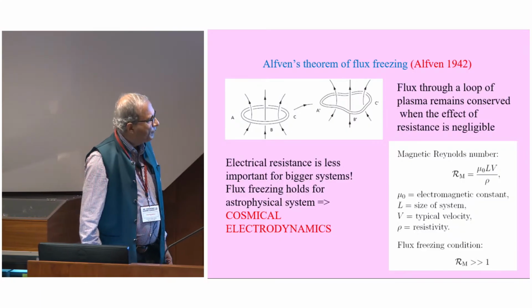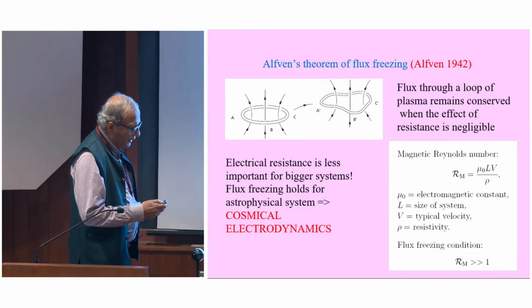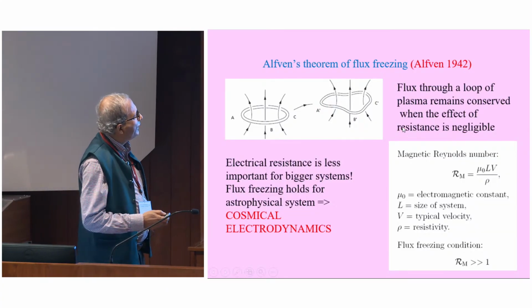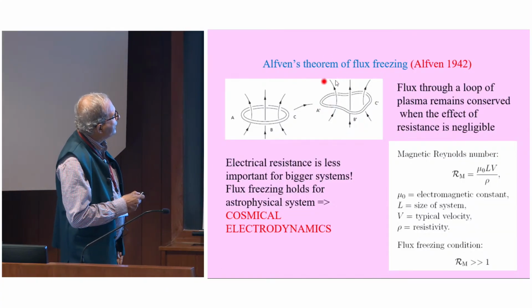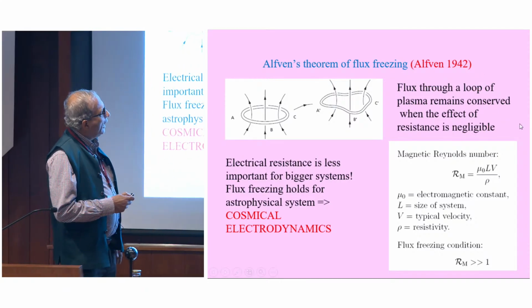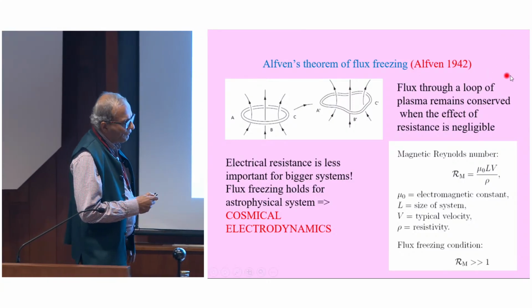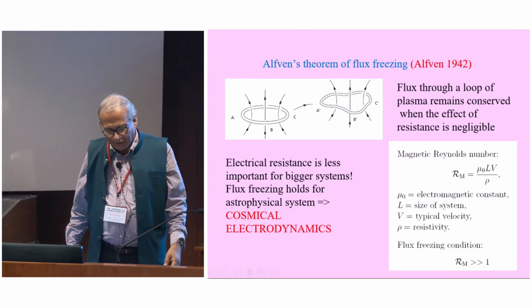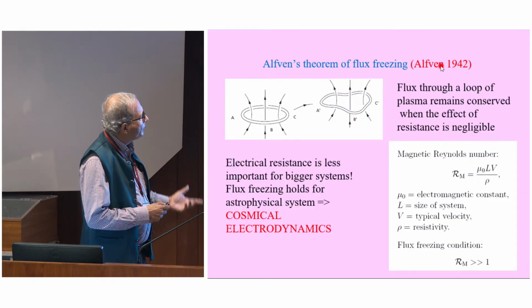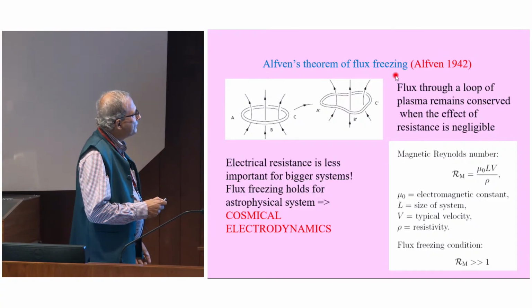Right now, let me only mention one very famous result of MHD, which is applied very widely in astrophysics. It is Alfvén's theorem of flux freezing. Alfvén was a pioneer of plasma physics, and he was given a Nobel Prize for his contributions to plasma physics.